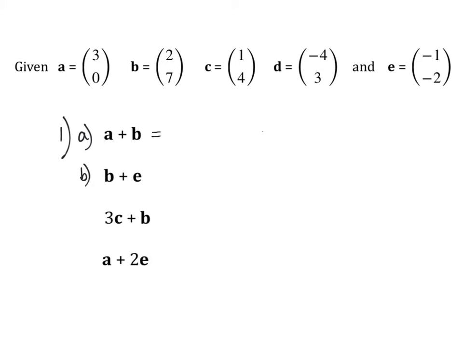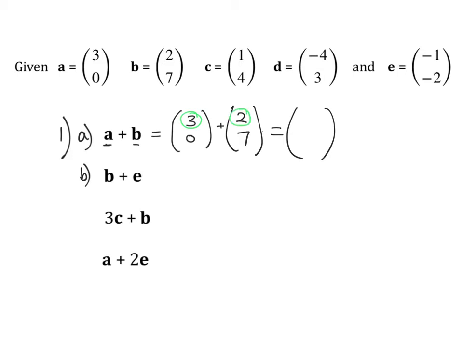So for question 1A, the first thing I'm going to do is write out vector A. Second thing I'm going to do is write out vector B up here. Then all I'm going to do is add them together. So the resultant vector is 5, 7.